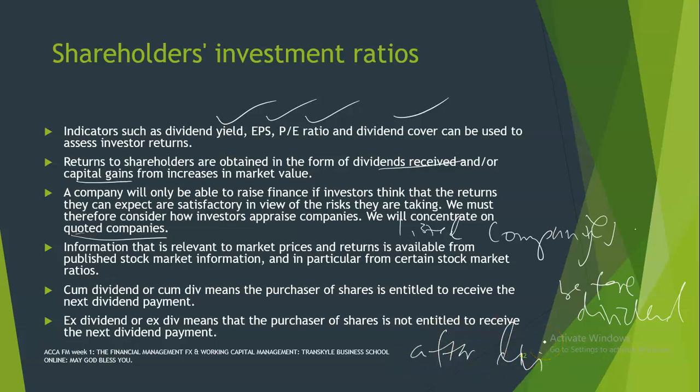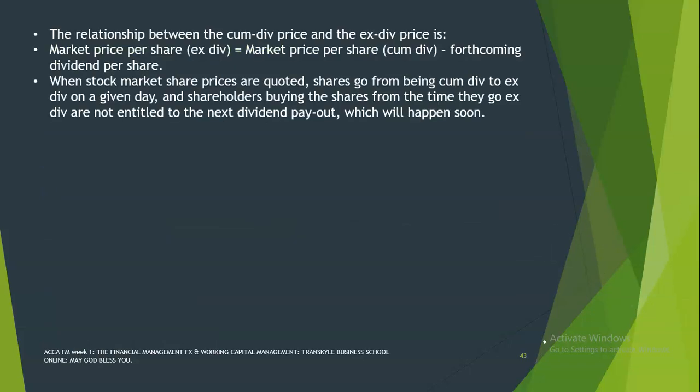So cum div means before the dividend. Ex-div means after the dividend has been paid. The relationship between the cum div and ex-div is: market price per share ex-div is equal to market price per share cum div minus forthcoming dividend per share.